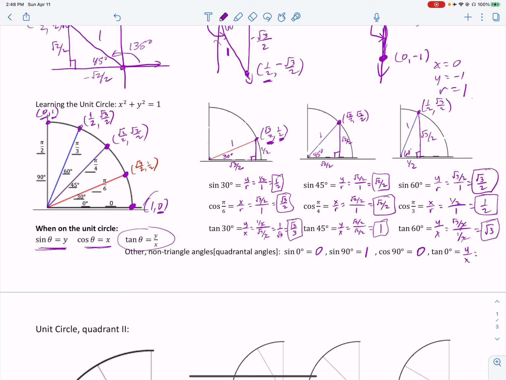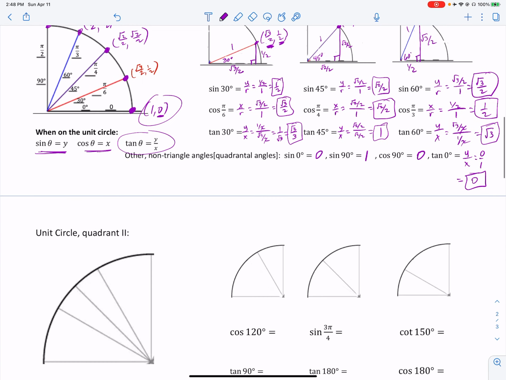At 0 degrees, the y is 0, the x is 1, and that simplifies to 0. You've got to remember, at quadrantal angles we don't draw triangles, but we use the ordered pair where the terminal side hits the unit circle. So they're going to be 1, 0, 0, 1, negative 1, 0, or 0, negative 1, depending on which axis you're on.